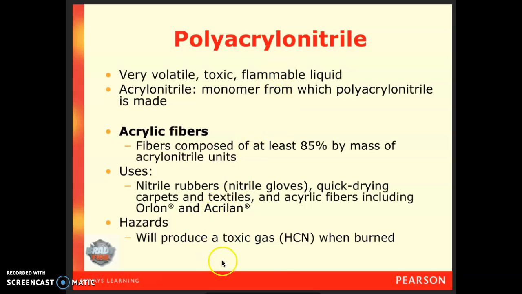The downside to polyacrylonitrile is that nitrile group is a cyanide group that is covalently bonded. When that covalent bond breaks down and you have cyanide released in the atmosphere, you can get toxic hydrogen cyanide gas as a result.